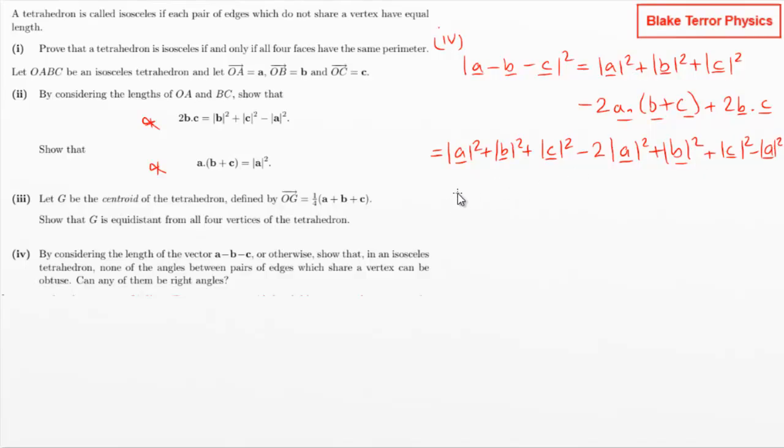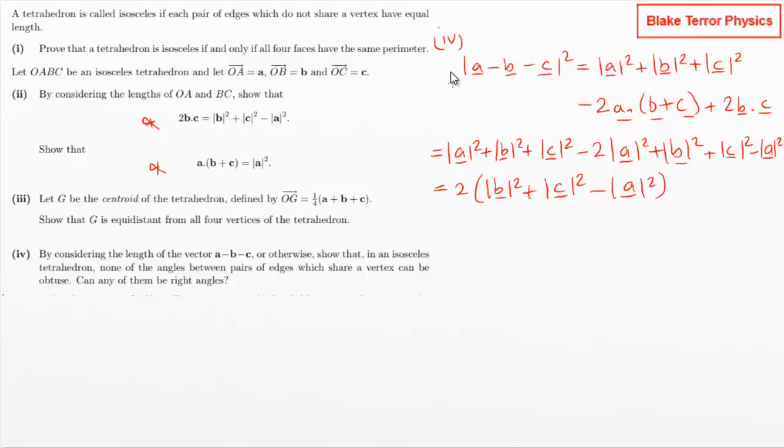So that is what we got. We've got 2b, 2c, and minus 2a. So b squared, c squared, and a minus a squared. Okay, so we've got that. So that's considering the length of that vector.